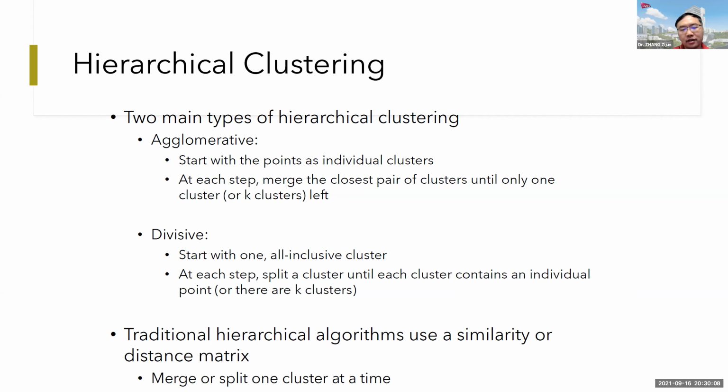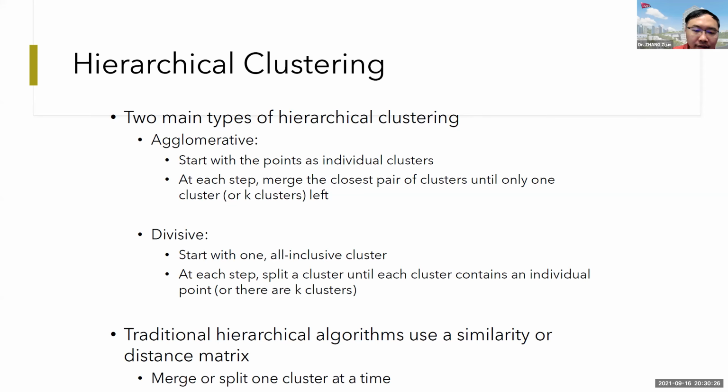You start with grouping all data as 1 cluster, then you start to split. You start with 1 all-inclusive cluster, and at each step you split a cluster into 2 until each cluster contains an individual point.